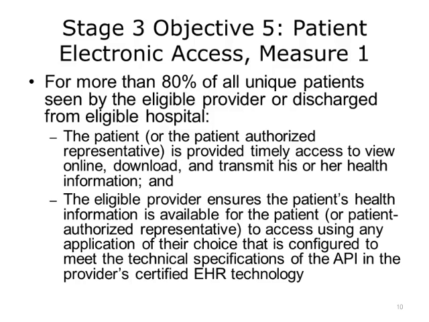Patient electronic access is Objective 5 in Stage 3. To meet this objective, the eligible hospital or eligible provider must support 2 measures. The first is to provide timely access to view online, download, and transmit his or her health information. The second measure is to provide access to his or her health information using any application of their choice that is configured to meet the technical specifications of the EHR's API.